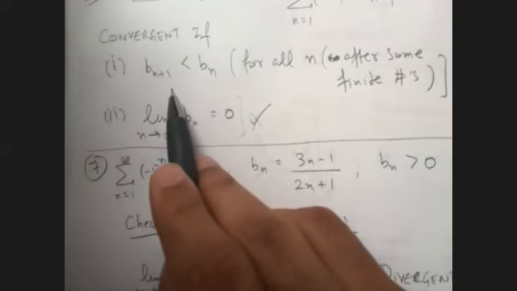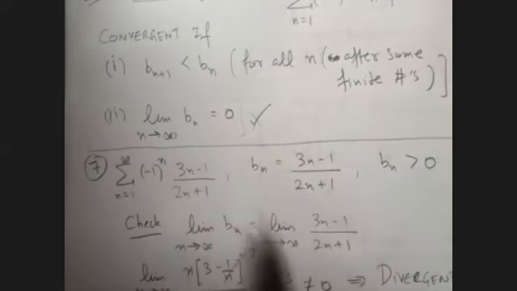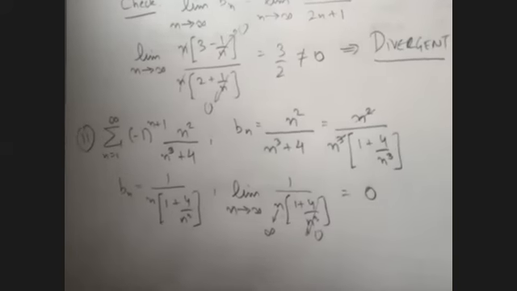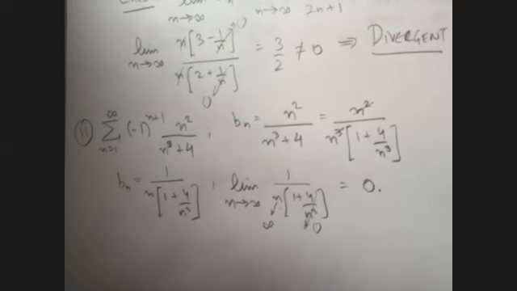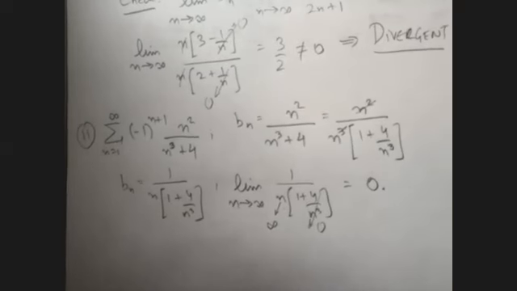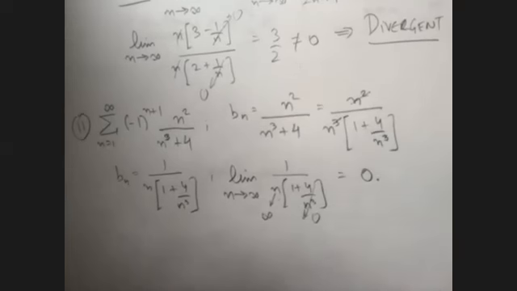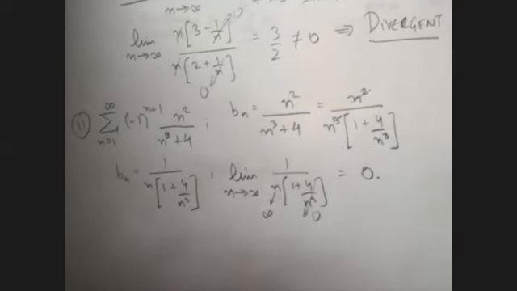Now we have to check the other condition. Bn plus 1 is less than bn. And how do we check that?